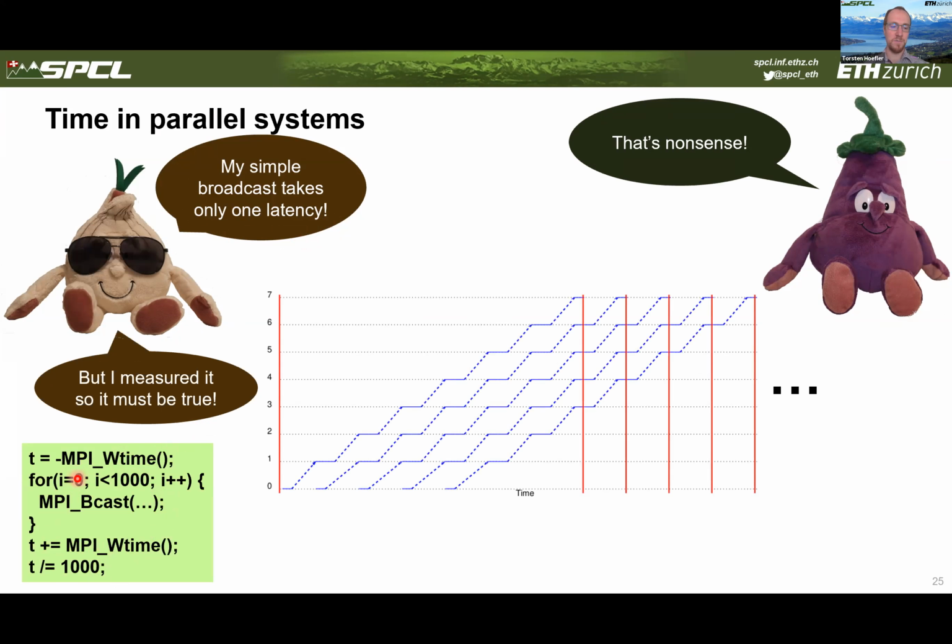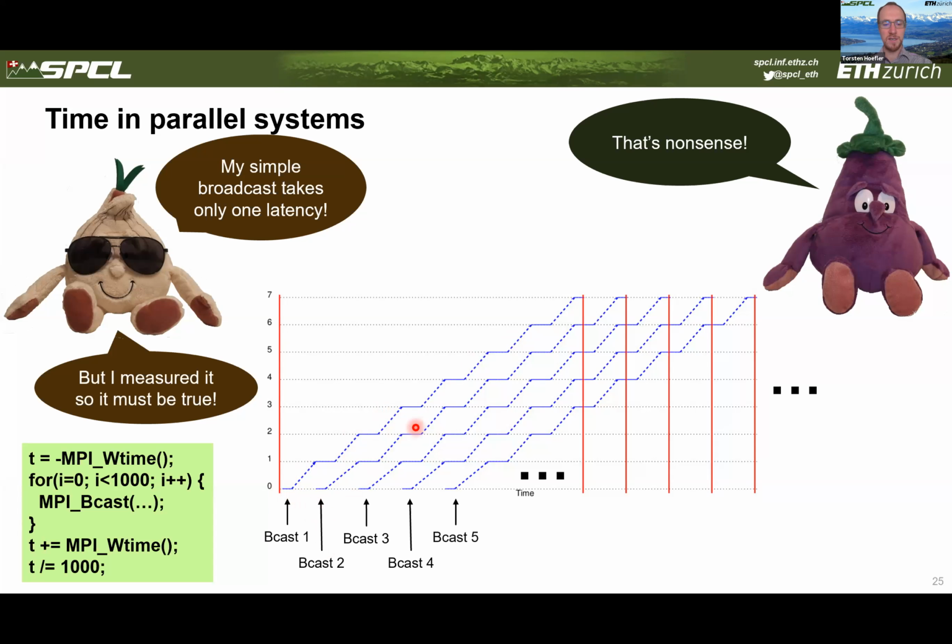This is the loop where I take the time, run 1000 MPI broadcasts, then take the time again and divide it by 1000. Now imagine this very simple broadcast implementation where every process i sends the message to i plus 1. 0 sends to 1, 1 sends to 2, 2 sends to 3, and so on. After 0 has sent its first message, it can immediately start the second broadcast and send the second message, and so on.